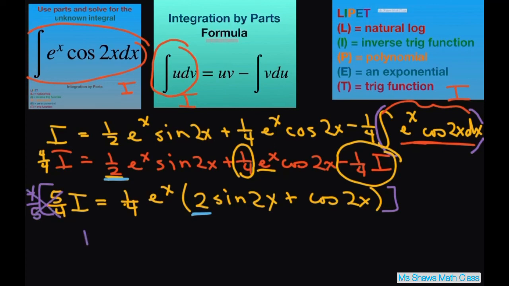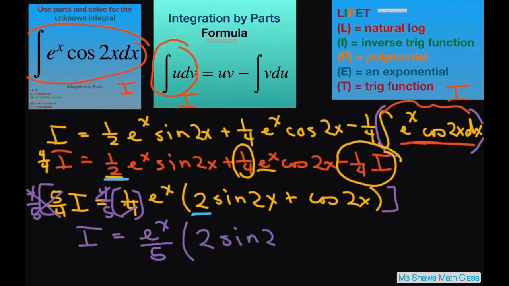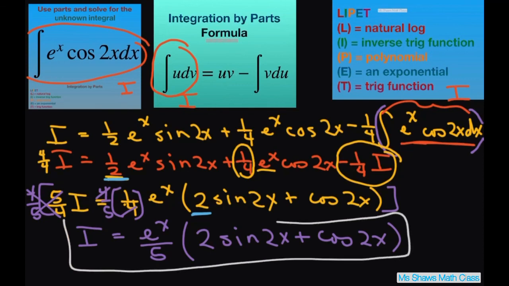So I get my integral equals, and if you multiply this by 4/5, the 4's cancel, so you're going to get e to the x divided by 5 times 2 sine of 2x plus cosine of 2x. And this will be your final answer. If you want, you can substitute back in your I and just write this out for your I.